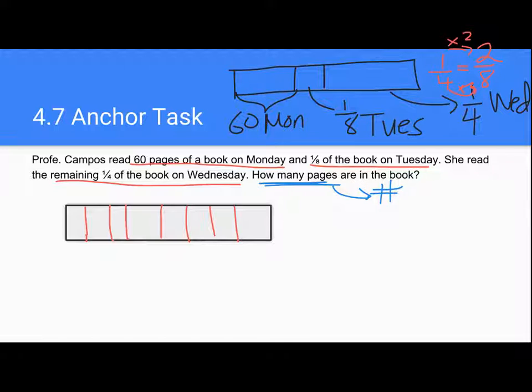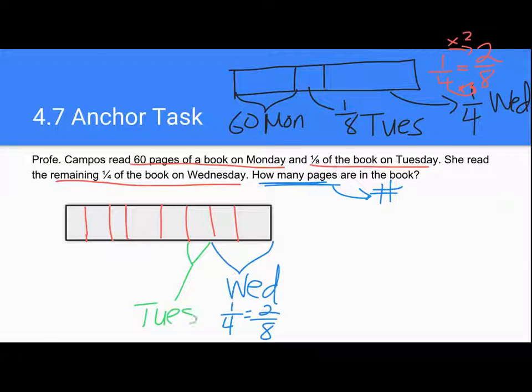So actually, 2 of these eighths are what she read on Wednesday, because 1/4 is equal to 2/8. And we also know that this 1/8 right here is Tuesday.